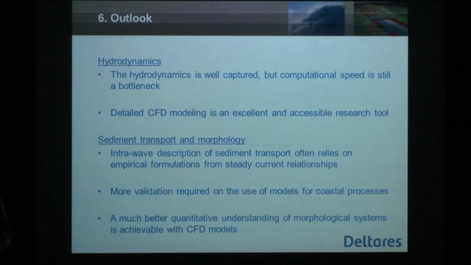I would like to see more validation. There has been some validation against coastal profile development with this type of modeling, but still limited. So to get full confidence, it's nice to expand on these things.